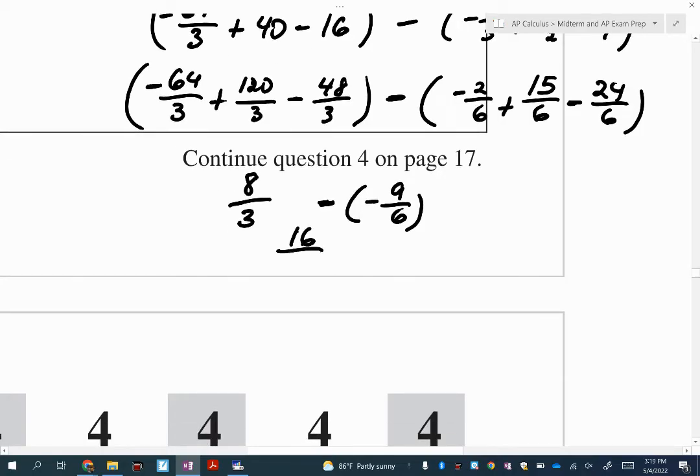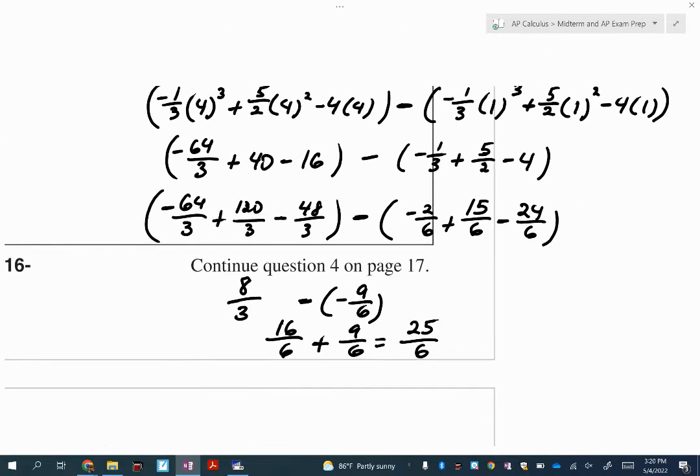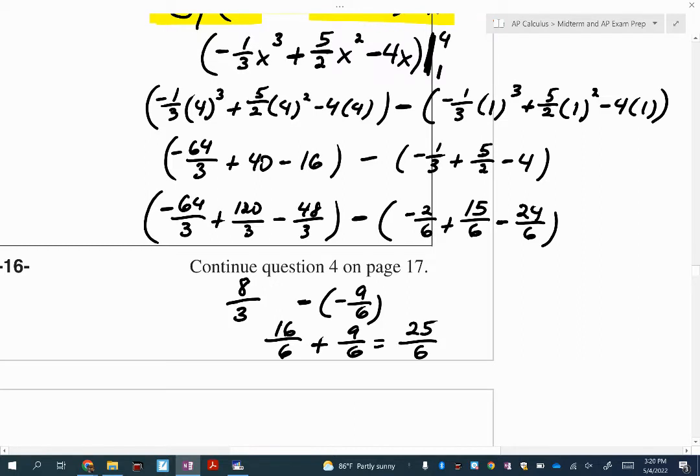What's that, 16/6? 25/6? Oh, I feel like I made a mistake. Did I make a mistake? Well, we'll find out once we do the whole thing.